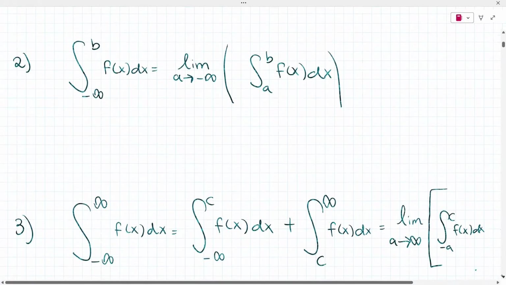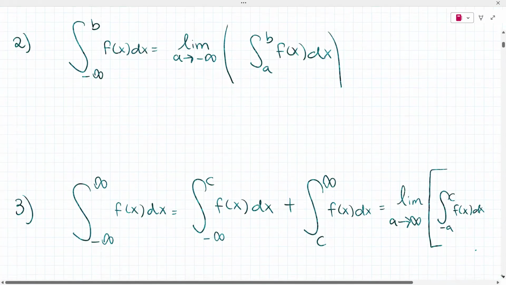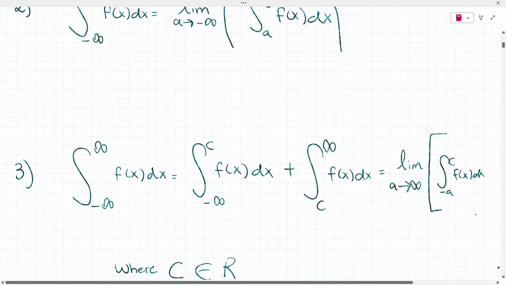Rule three: if your integral looks like this, where the lower boundary is negative infinity and the upper boundary is positive infinity of f of x dx, you're going to have to write it out as two separate integrals.